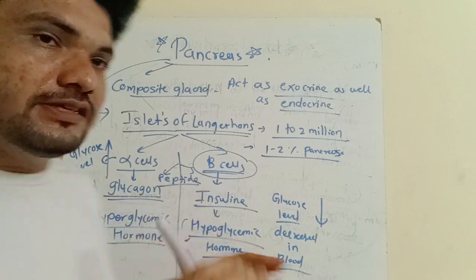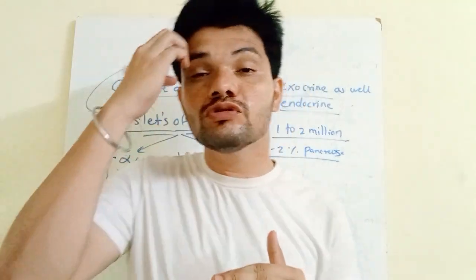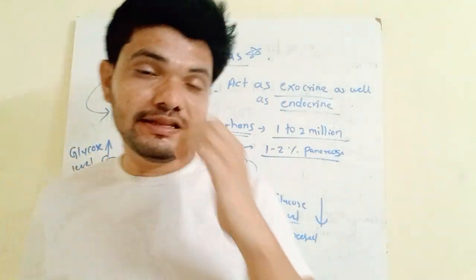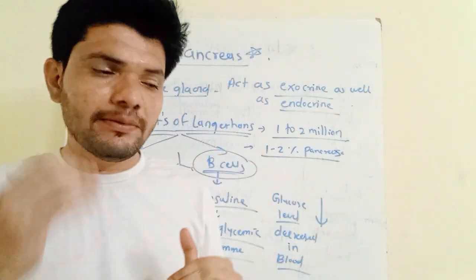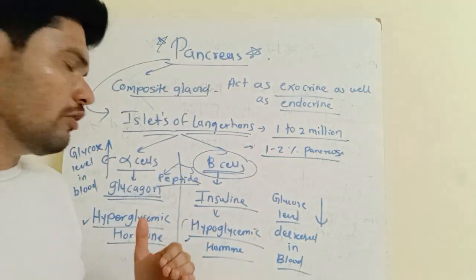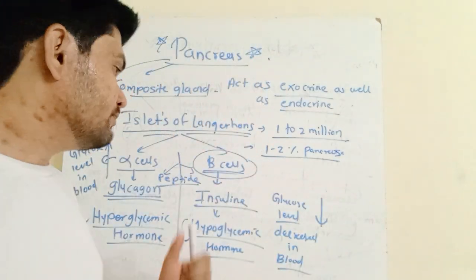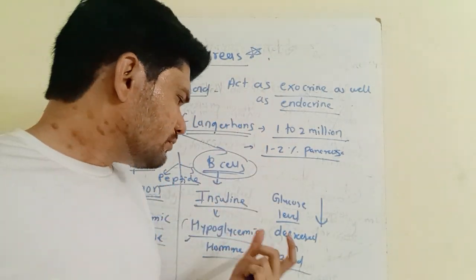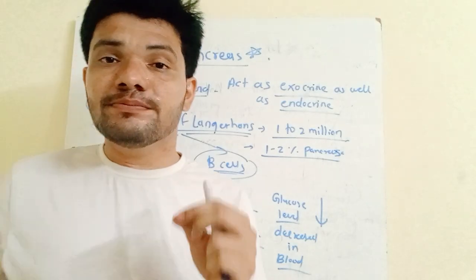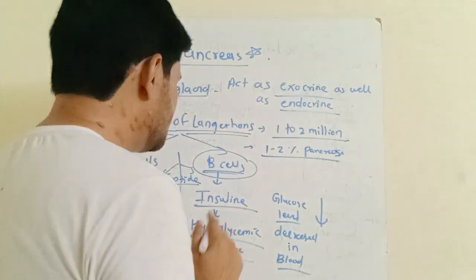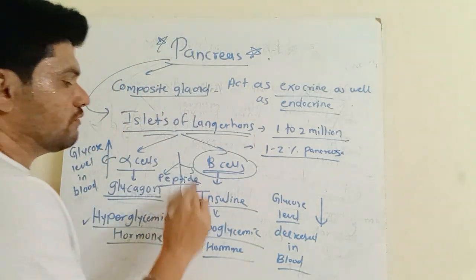So both of these hormones are regulating the blood glucose level inside our body, and both are necessary. If any of them is not secreting properly, it causes a disorder. Like we all know that some people have the disorder called diabetes mellitus, which is due to the lower secretion of insulin.